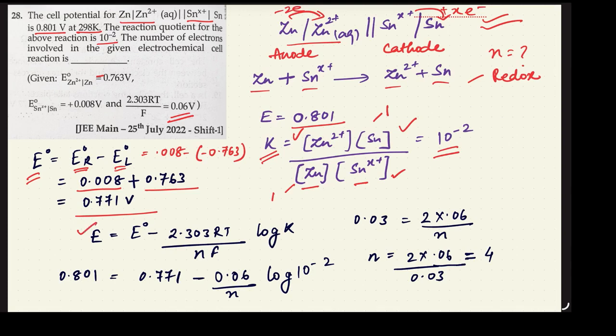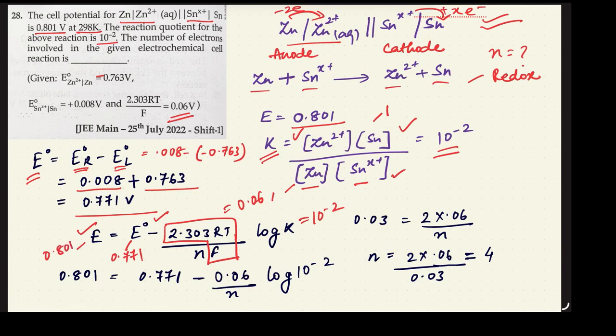Now EMF of the cell is equal to standard EMF minus 2.303 RT by nF log K. Value of K is 10 to the power minus 2. 2.303 RT by F, this value is given in the question as 0.06. E naught value for the cell is 0.771. E is 0.801.